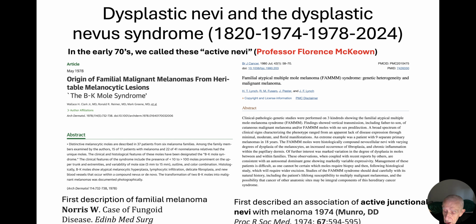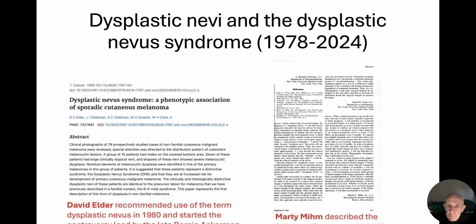And then Dr. Munro in 1974 described an association between active junctional nevi and melanoma. So in fact he described dysplastic nevus syndrome before Wallace Clark introduced the concept of the BK mole syndrome.